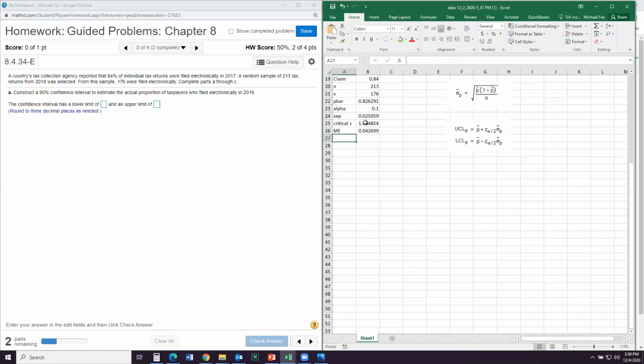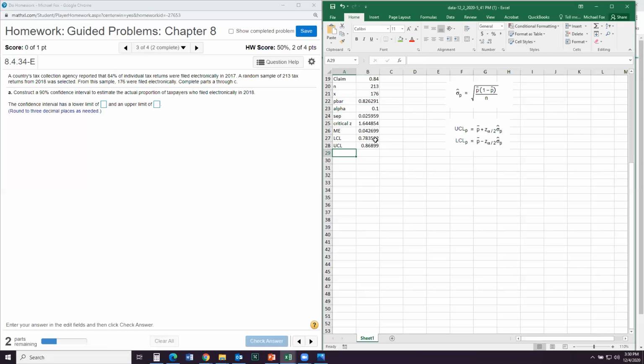And now I can find my lower confidence limit, which is going to be p bar minus my margin of error, and my upper confidence limit, which is p bar plus the margin of error.